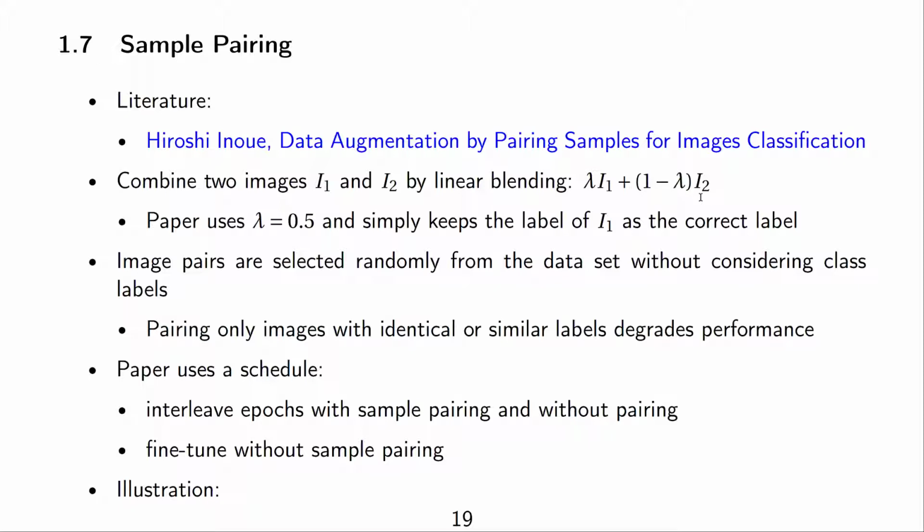And 1 minus alpha times I2 means that every scalar value in this tensor I2 will be multiplied by 1 minus lambda. The simplest choice for lambda is to use lambda equals 0.5. That means that both images will be combined together with equal importance.